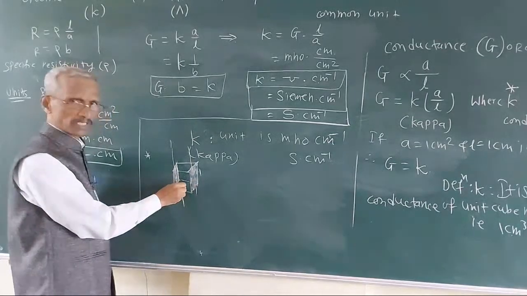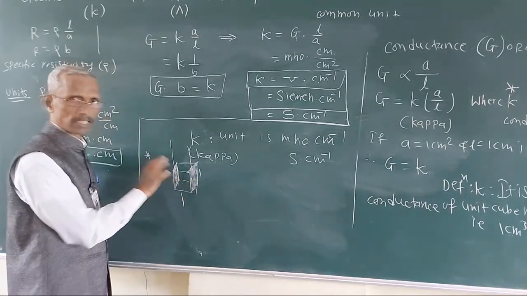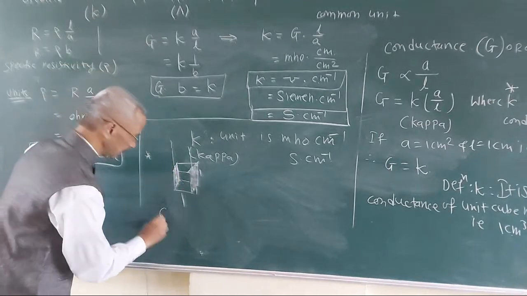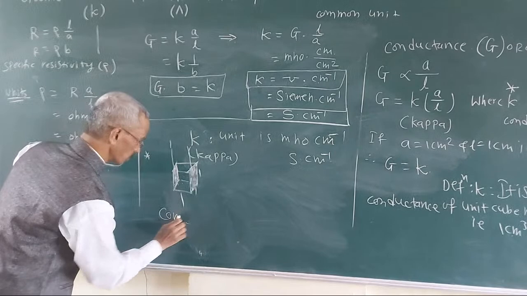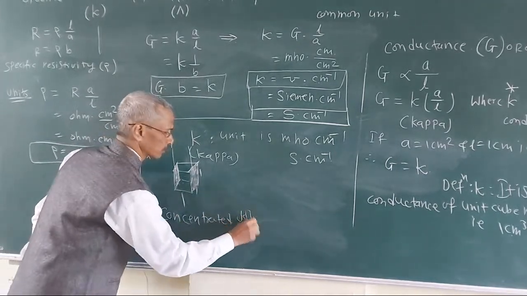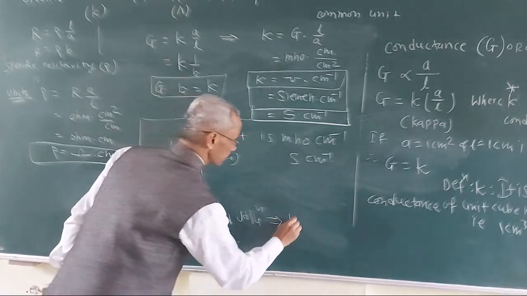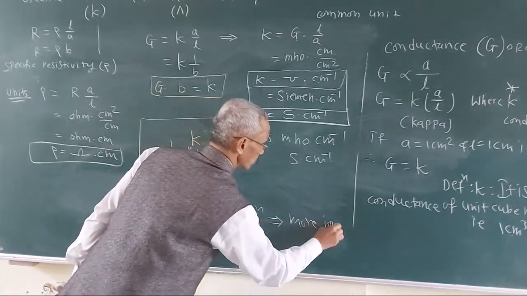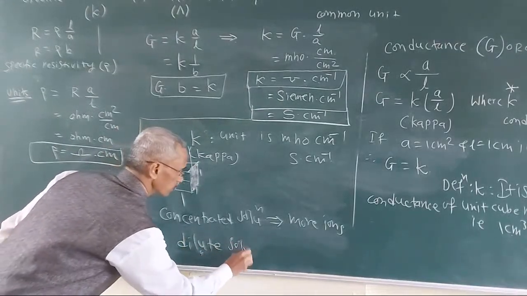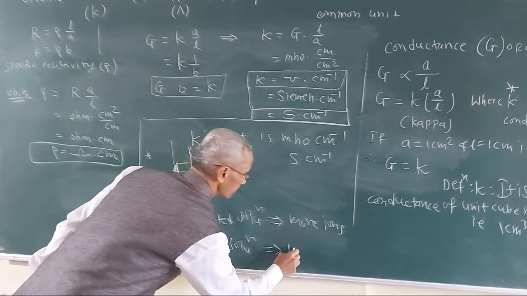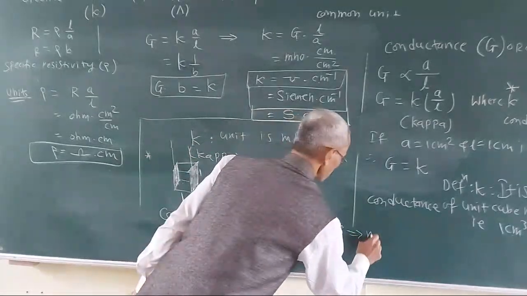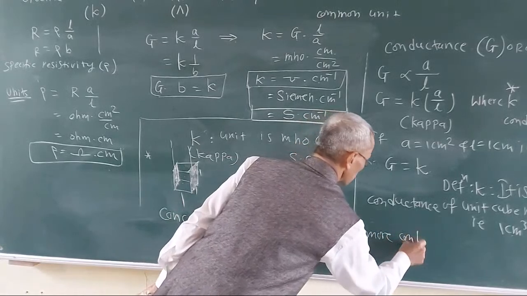In between, in this 1 ml value, there is a number of ions, and if the solution is more concentrated, what it indicates is that more ions will be there. If it is a dilute solution, it indicates fewer ions, and it means less conductance.